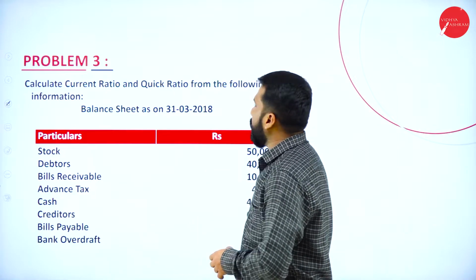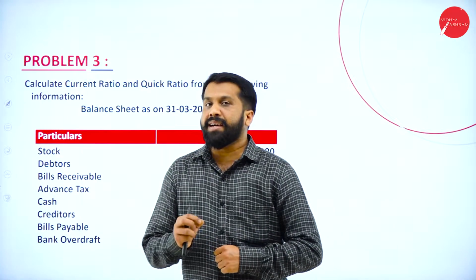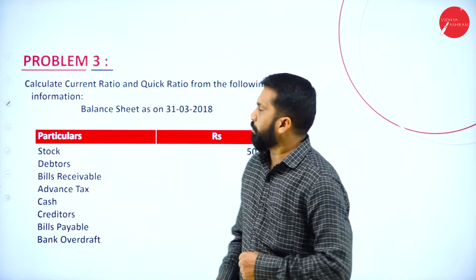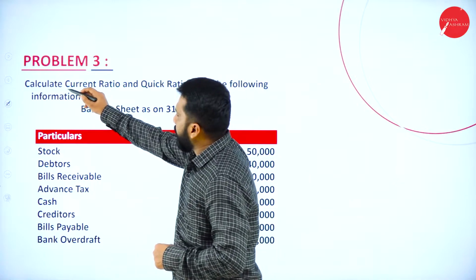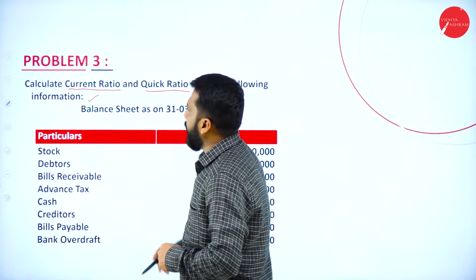As I told you, you must be familiar with all the current assets and all the current liabilities. As per this, calculate the current ratio and quick ratio from the following information.